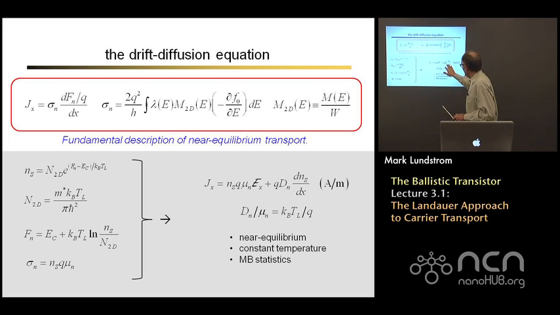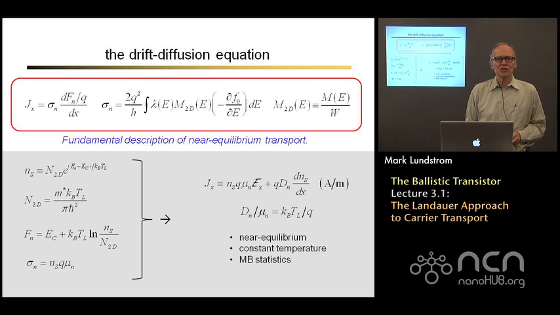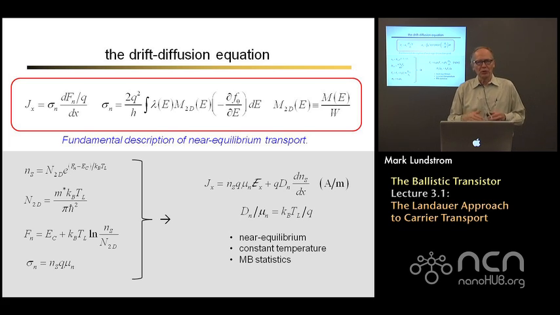And the relation between D and mu is given by the well-known Einstein relation. So you can see that this Landauer approach, even though it looks much different, really reduces to conventional transport formulations like the drift diffusion equation for long samples that are in the diffusive limit.